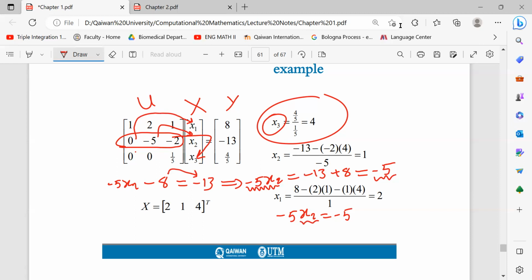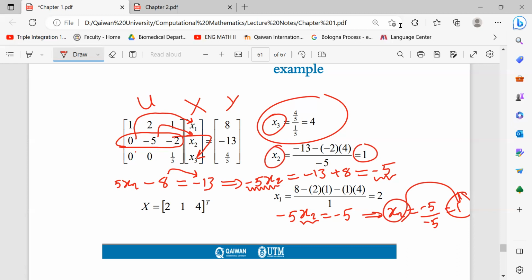To get x2, we need to divide both sides by negative 5. What do we get? x2 is minus 5 over minus 5, which is 1. That means x2 is 1.